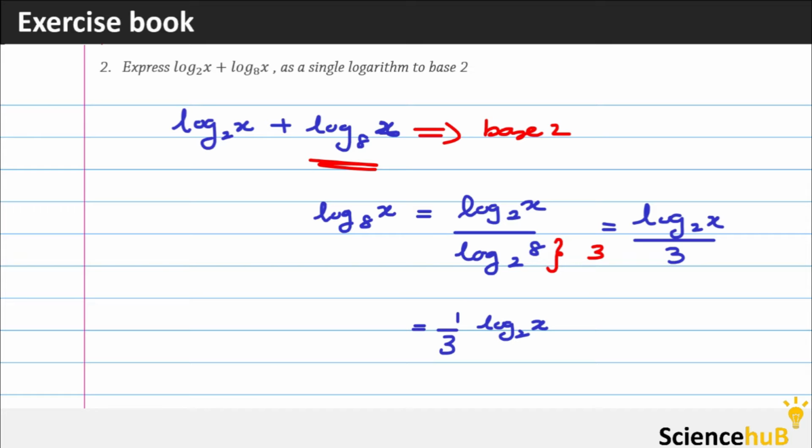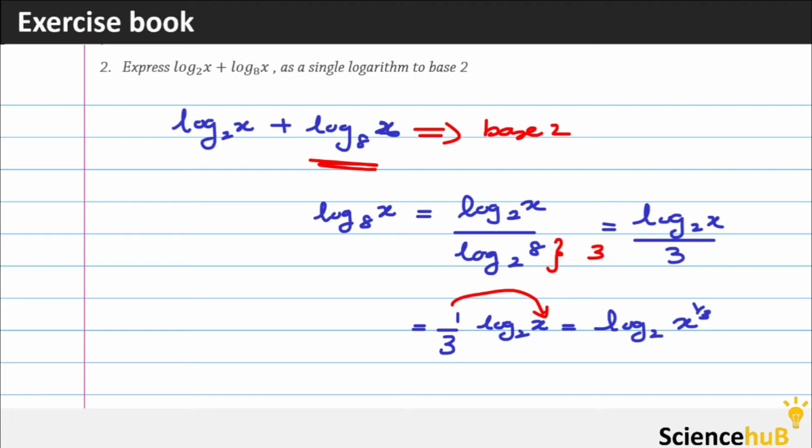Now you can shift this inside the log as a power of x, and this is log base 2 of x to the power 1 upon 3.